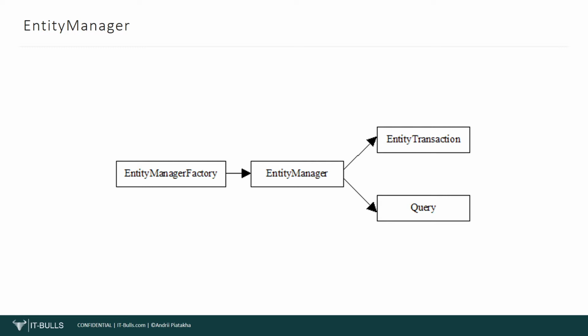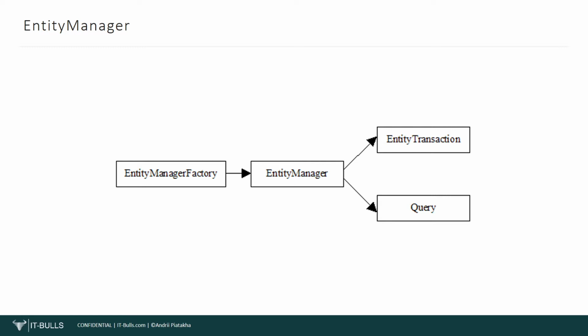Operations that modify the content of a database require active transactions. Transactions are managed by an EntityTransaction instance obtained from the EntityManager. An EntityManager instance also functions as a factory for query instances, which are needed for executing queries on the database.